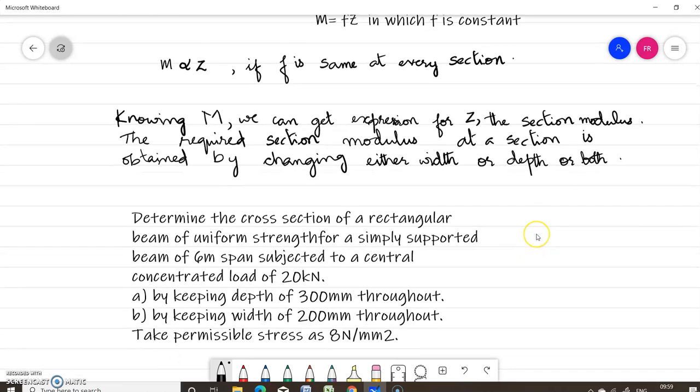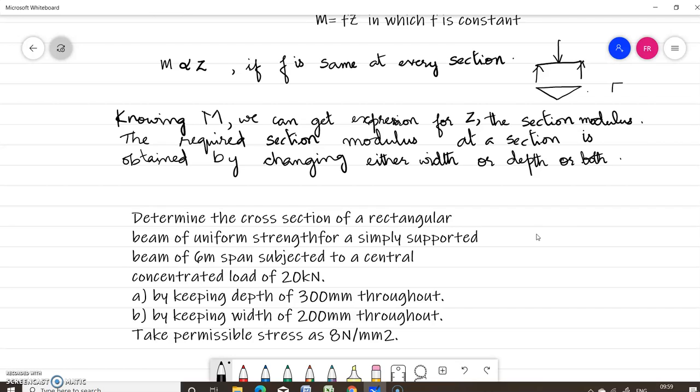The required section modulus at a section is obtained by changing either width or depth or both. Okay. So for example, if you have a beam like this, we can ensure the maximum stress at every cross section along the span by changing the depth of the beam, that is by providing maximum depth at the center of the span. Actually this is the cross section of the beam.